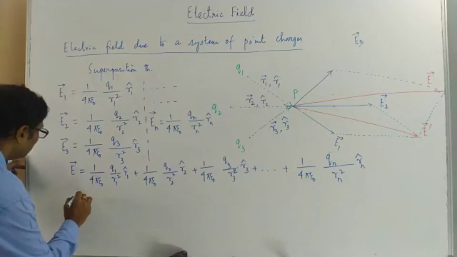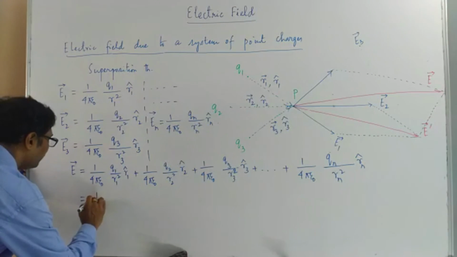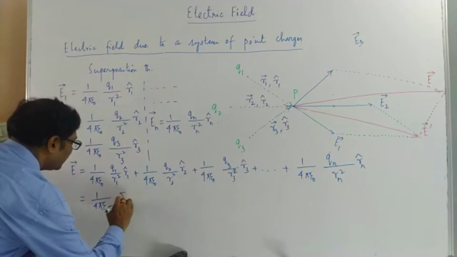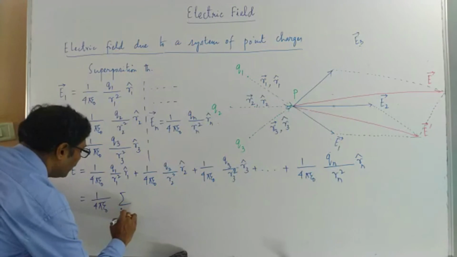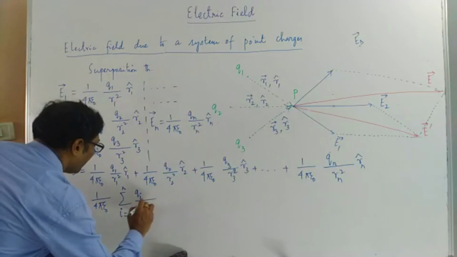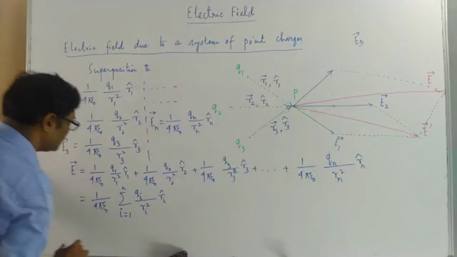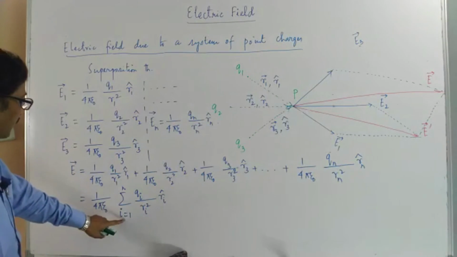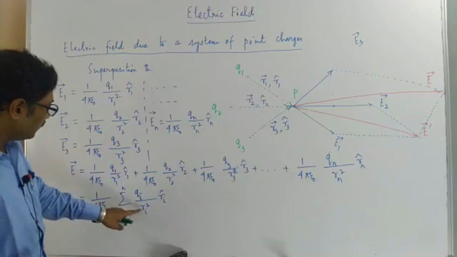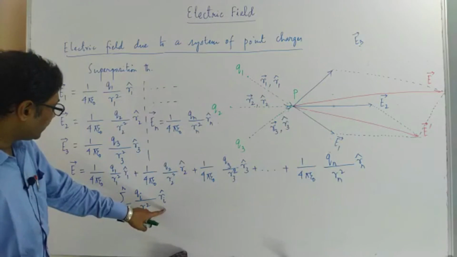So in compact notation I may write it as 1 by 4 pi epsilon 0 summation i equal to 1 to n qi by ri square ri cap. So your running variable is from 1 to n. When you substitute i equal to 1, you have q1 by r1 square into r1 cap.